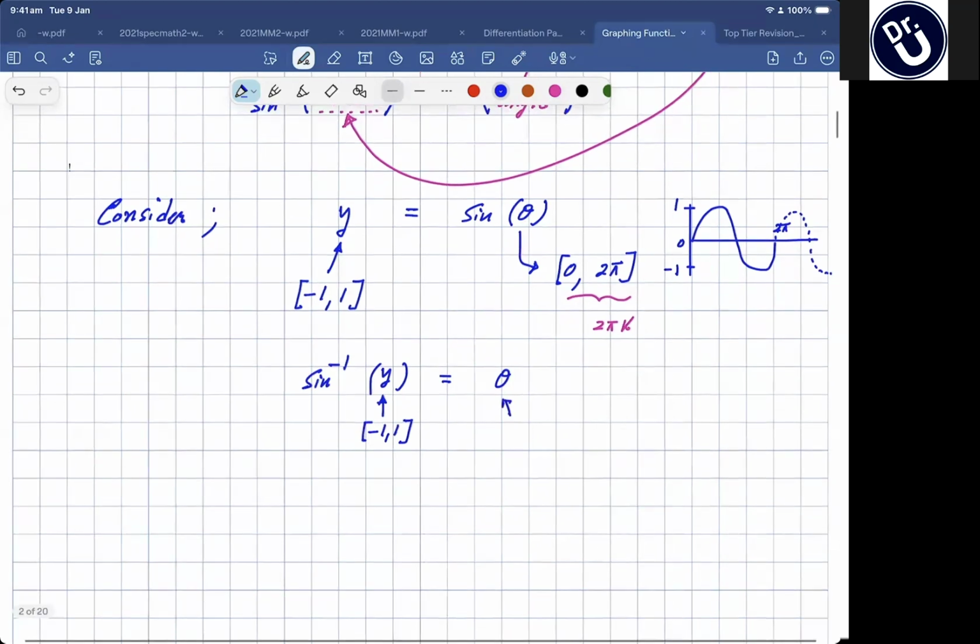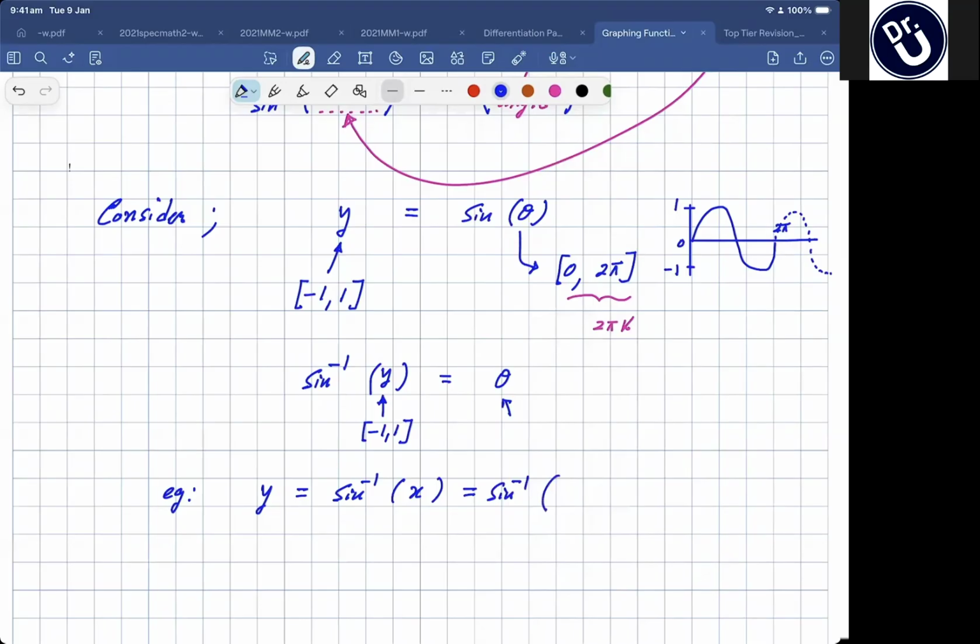As an example, if you have y is equal to sine inverse x, this x is inside, right? So this is between 1 and minus 1. That's what I'm saying.